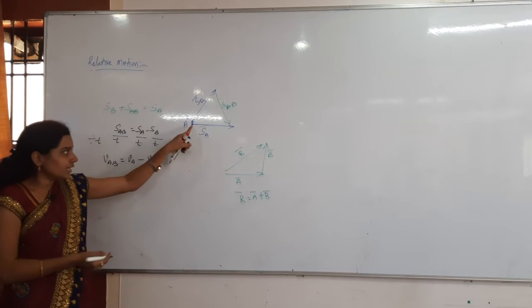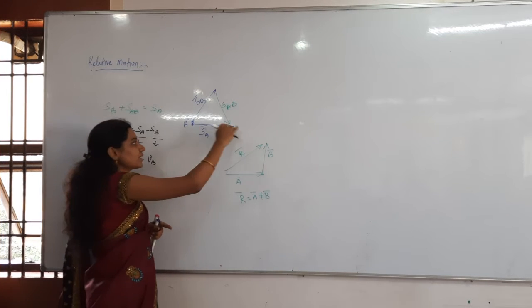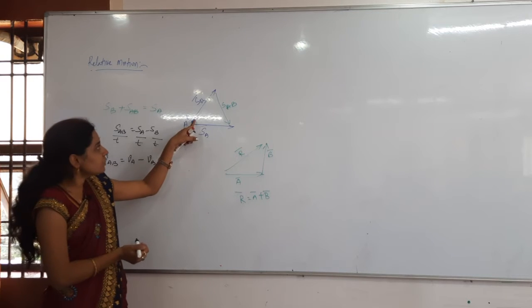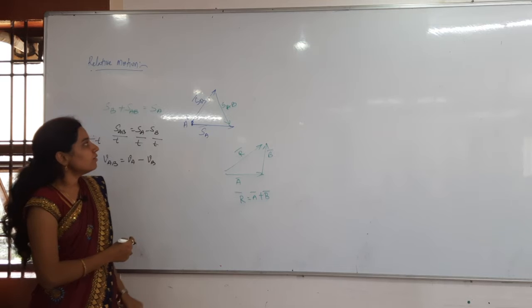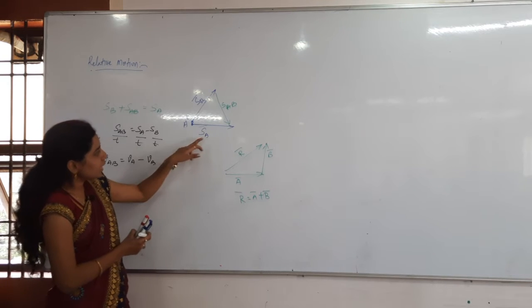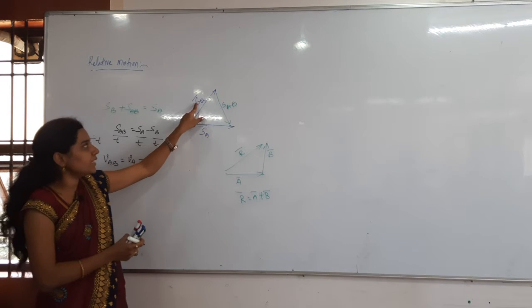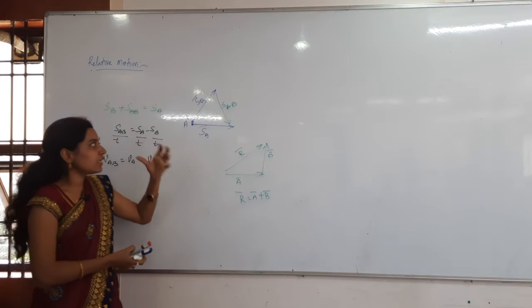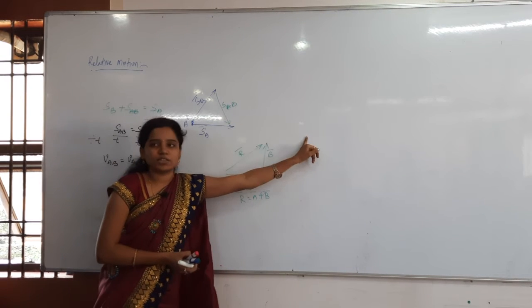So what I said here, A and B are two bodies. A is moving in this direction with displacement SA. B is moving in this direction with displacement SB. Now A is being observed by B, nothing but B is describing the motion of A. What is B telling? With respect to me, A is moving in this direction.